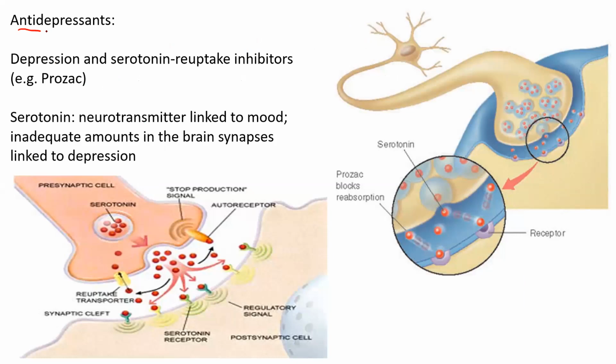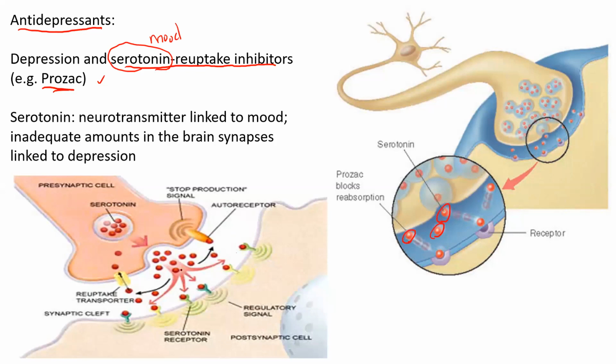Well, a lot of research has been applied to these. Depression and serotonin reuptake inhibitors like Prozac, they inhibit the reuptake of serotonin. Well, serotonin affects mood. So if you take Prozac, you now have more of these serotonin molecules in the synaptic cleft.